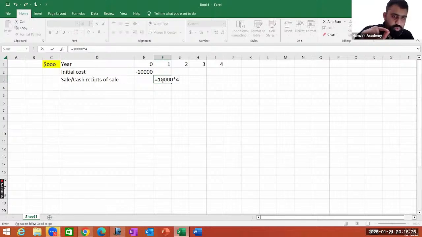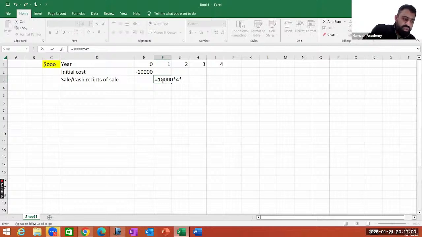$4 is the sale price per unit. Now keep one thing in mind, that the sale price which will be given in a question will be in current price terms. Current price terms means that inflation would not be incorporated in the given sale price. Now you need to incorporate the inflation as well. For that purpose, you will multiply it with 1 plus the inflation rate that would be in the question. Now let's say the inflation rate is 5%.